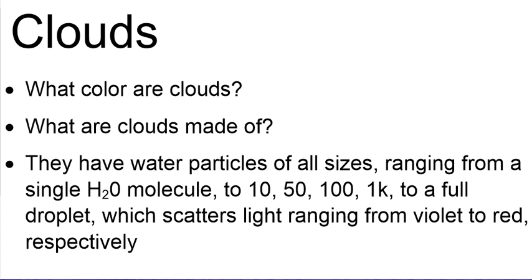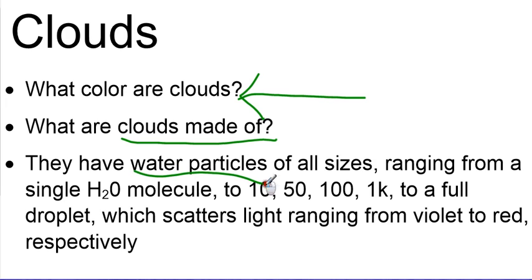Now, clouds. So you probably are thinking about clouds. Clouds are what color? They're typically going to be white, which means for us that they are reflecting all wavelengths of light. So if you think of what clouds are made up of, they are made out of water particles of all sizes.